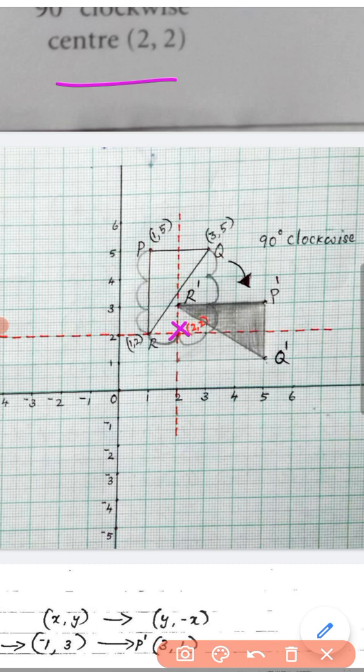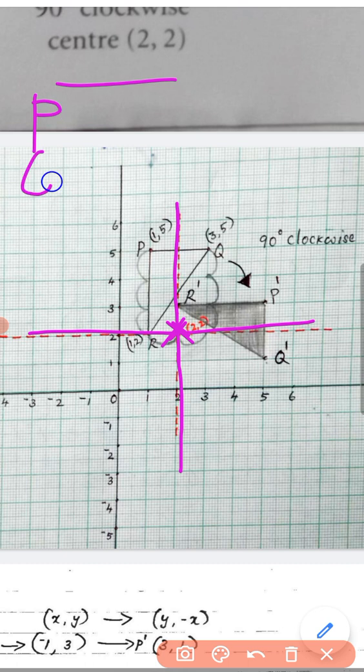Now draw our new x-axis and y-axis through this point. Imagine that this is our origin. Using this origin, we have to find the new coordinates for P, Q and R.